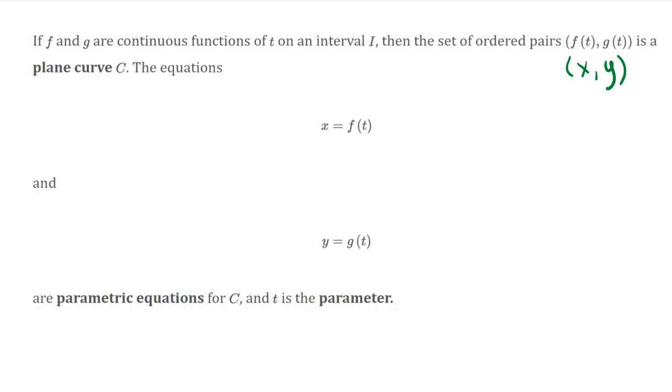We're just defining x and y. And we call it a plane curve. Okay, just the term: a plane curve. Don't worry about the interval I yet. We're saying x is a function of time and y is some other function of time. Oops, I should just say a function of t, because it doesn't have to be time.